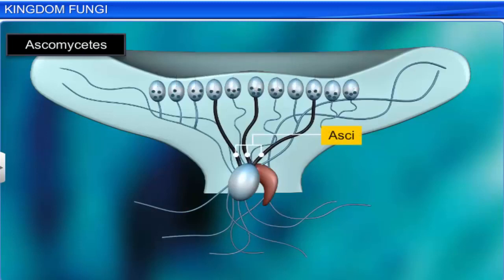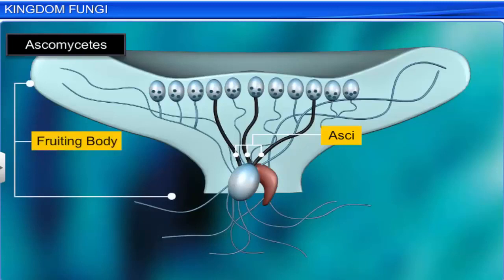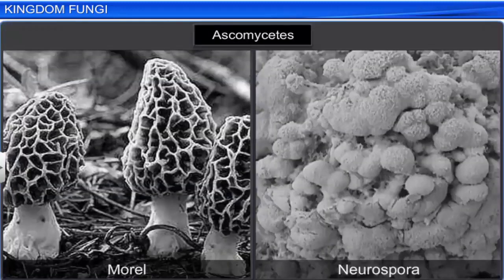The asci, in turn, are arranged in fruiting bodies called ascocarps. Some members of ascomycetes, like morels, are edible, while others like Neurospora are used in biochemical studies.